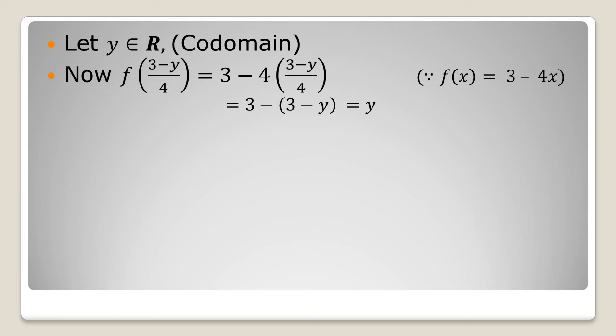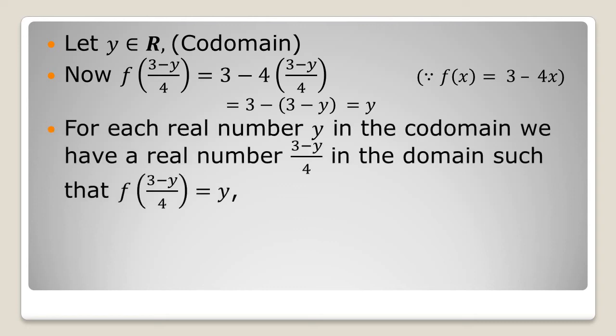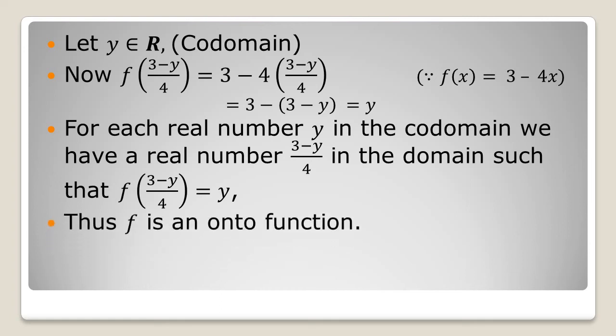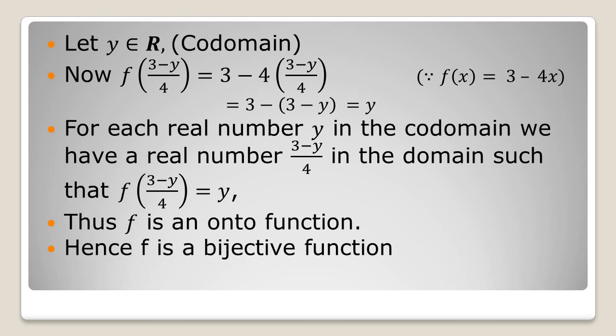That means for every y from the codomain, we get a pre-image, namely 3 minus y by 4 in the domain, such that the image of 3 minus y by 4 is y, and that means that the function f is onto. Now the question is how to find this value, how to find the pre-image.